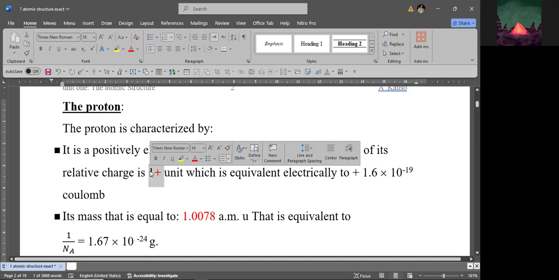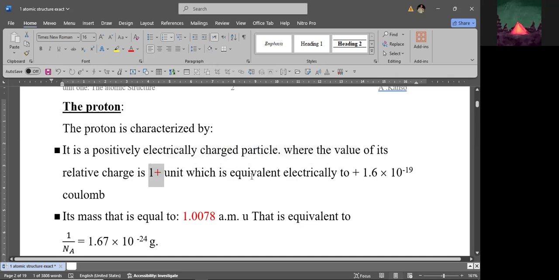Relative value. But the exact electrical value, or the quantity of electricity that represents a proton, is 1.6 times 10 to the power minus 19 coulomb. This is the real value of the charge carried by a proton.